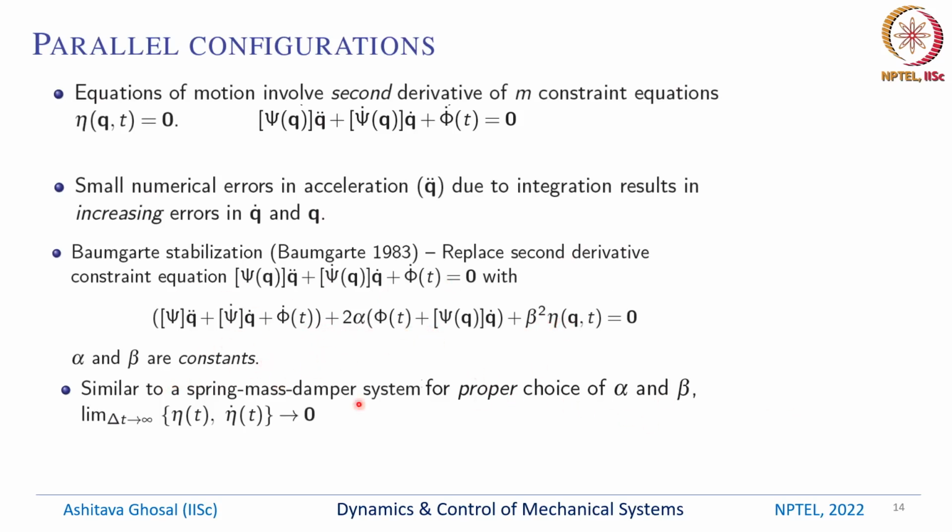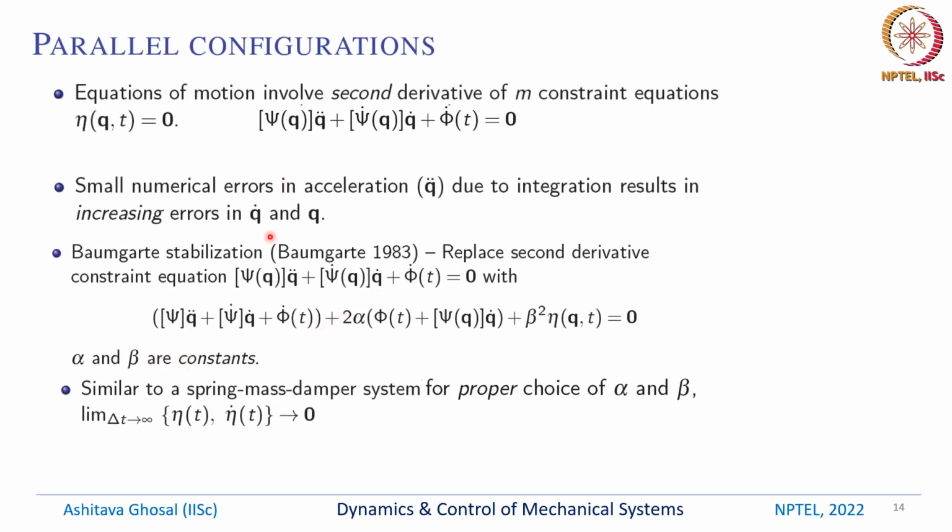And what is oscillation here? It is x double dot, x dot and x. If you choose alpha and beta properly, then x will go to 0, x dot will go to 0 and x double dot will also go to 0. In a spring mass damper system, if it is damped properly, x, x dot and x double dot all go to 0.